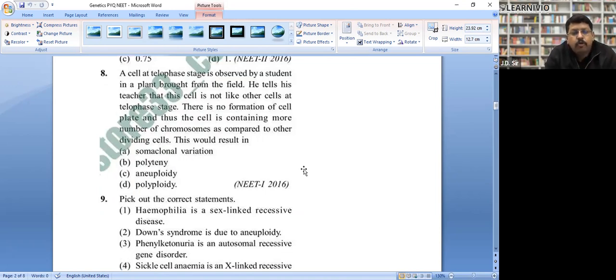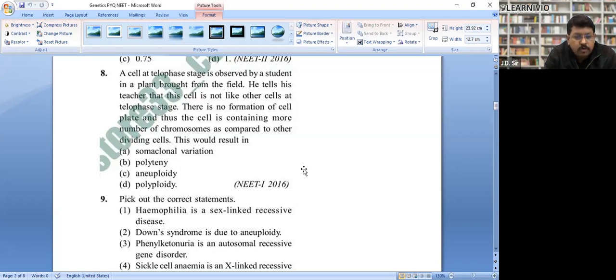Next question is: a cell at telophase stage is observed by a student in a plant brought from the field. He tells his teacher that the cell is not like the other cells at the telophase stage.